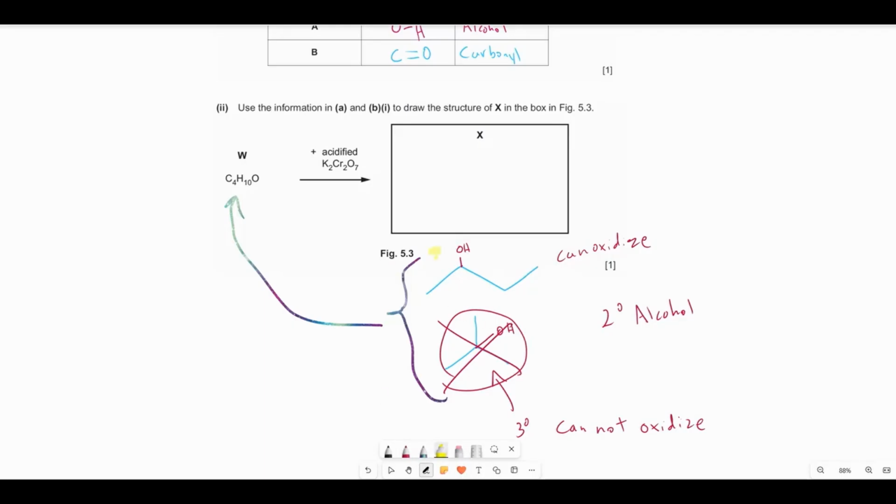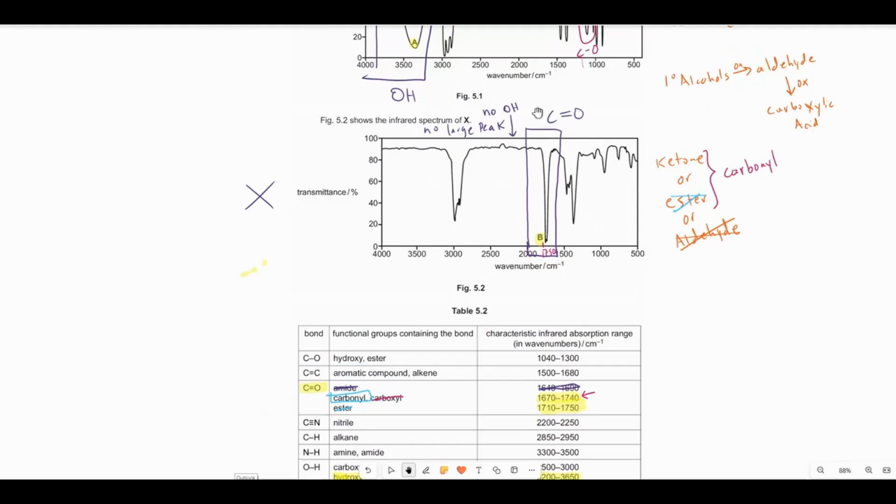So this is W. But we're not done, because now we need to figure out what X is. We know X is a carbonyl. We also know that a secondary alcohol can be oxidized into a ketone, which, according to our IR spectra, this could very well be.